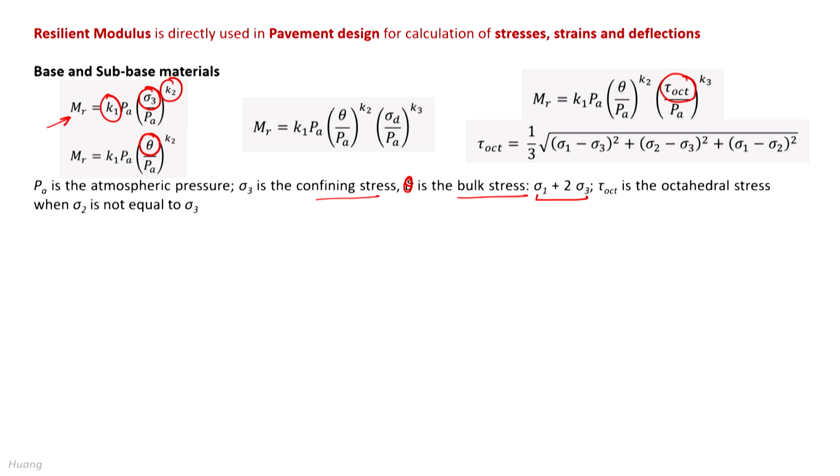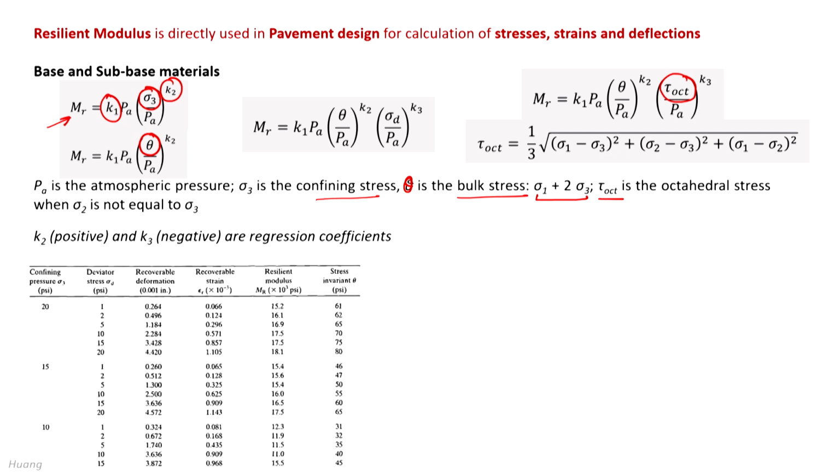The same can be considered as the octahedral stress in case sigma 2 and sigma 3 are different from each other. Usually the regression coefficients shown in these models, for example K 2, are positive, whereas K 3 is usually negative.